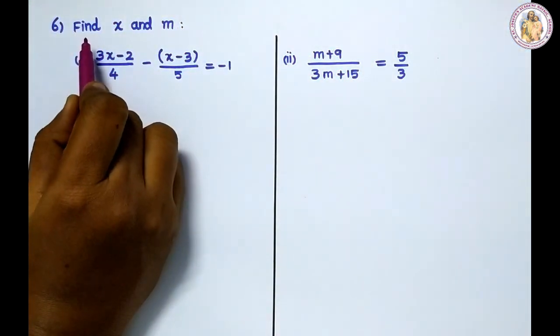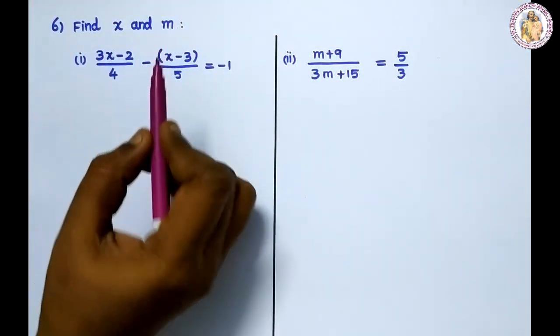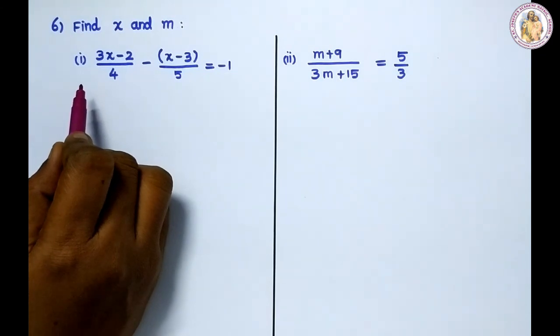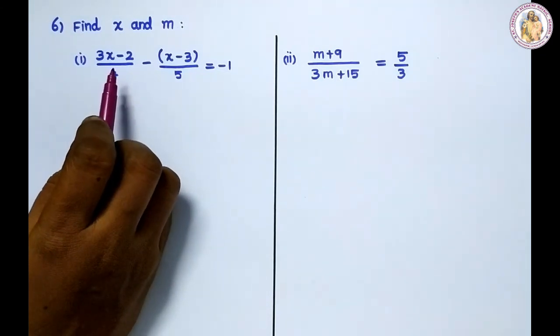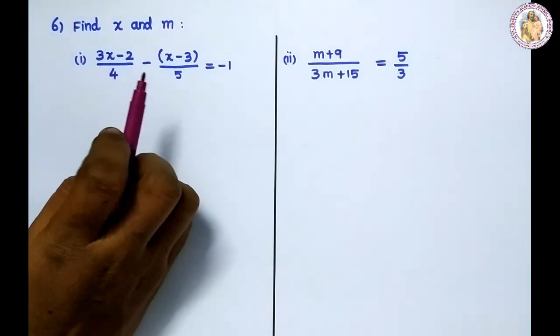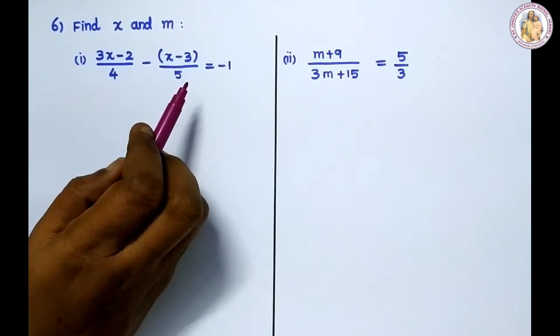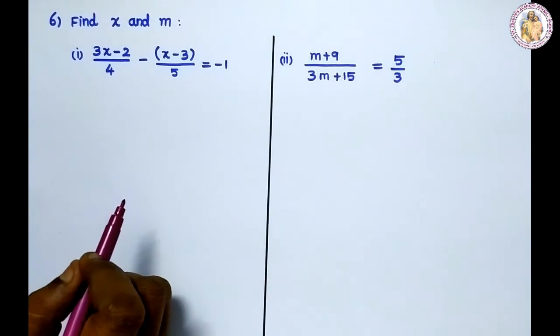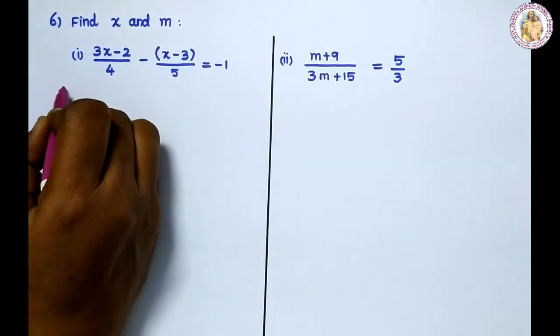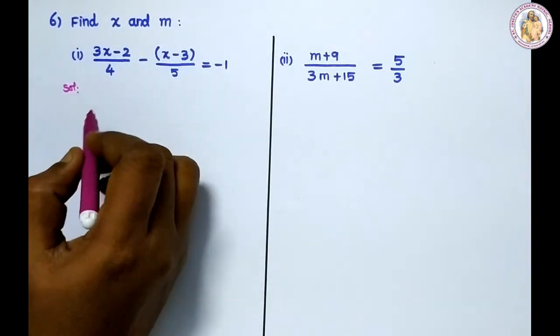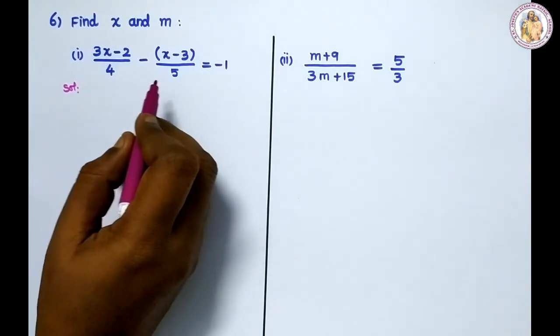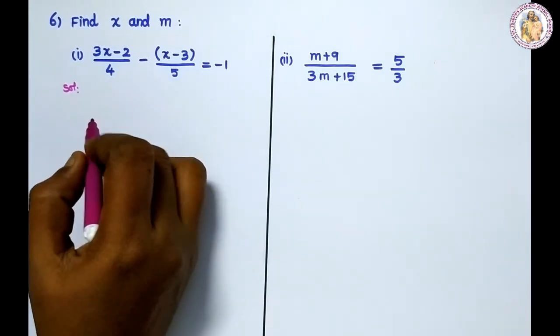Sixth sum, find x and m. First subdivision, 3x minus 2 by 4 minus x minus 3 by 5 equal to minus 1. Listen. Take LCM for that, 4 and 5.